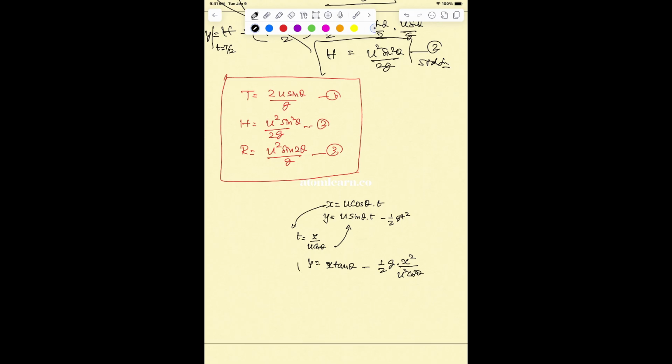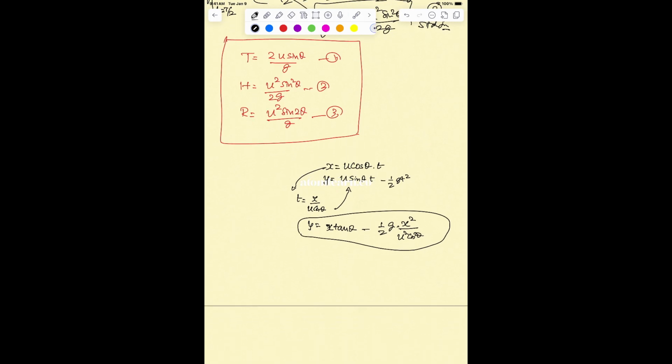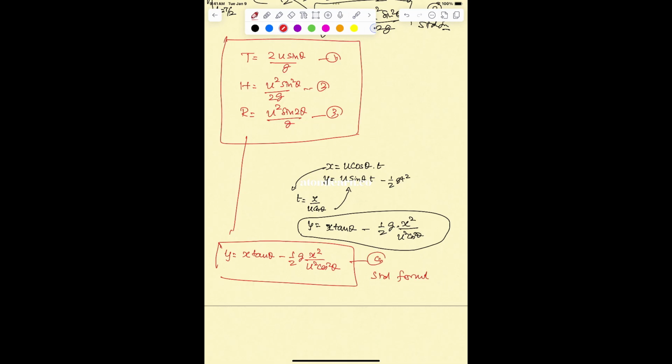Now this equation connects y and x, and there is no t involved. We have eliminated t. Therefore, this is the parabola equation. Equation number 4 is y equal to x tan theta minus half g x squared by u squared cos squared theta. This is the fourth standard formula. Okay, understood? Right.